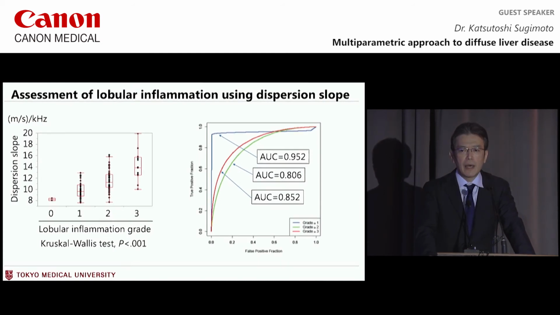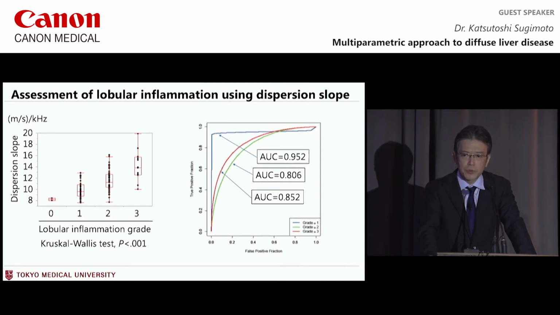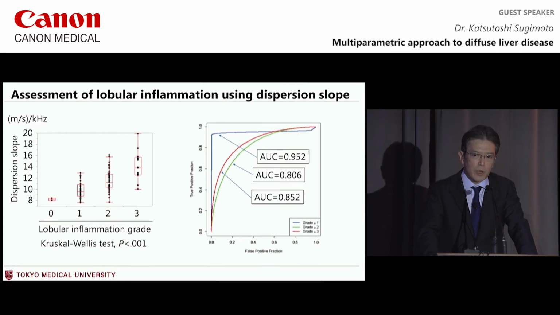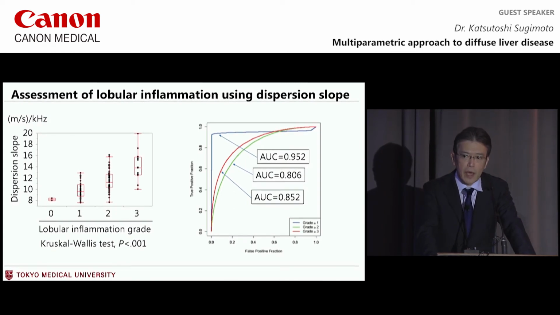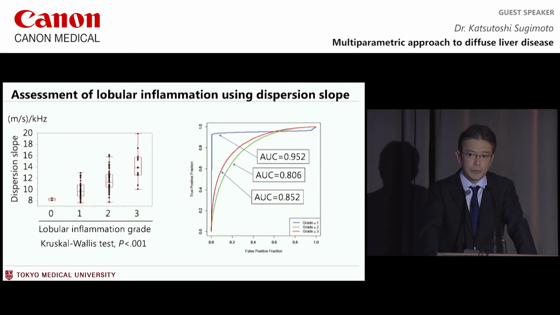This shows the assessment of lobular inflammation using dispersion slope. As you can see, the box plot shows that as the lobular inflammation grade increases, dispersion slope increases like this. If we classify lobular inflammation grade 0 versus others, the area under the ROC curve was 0.952.